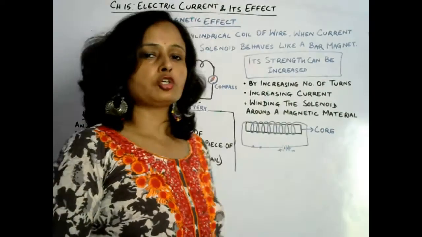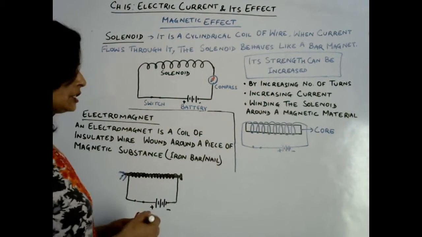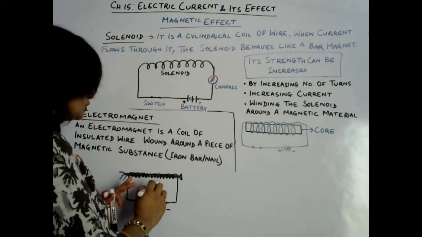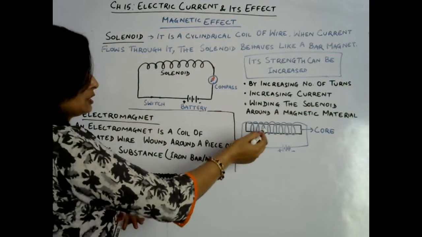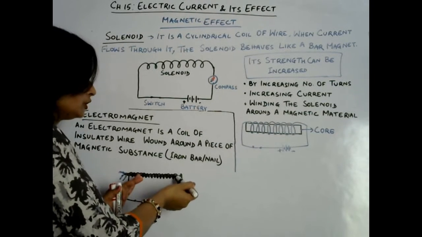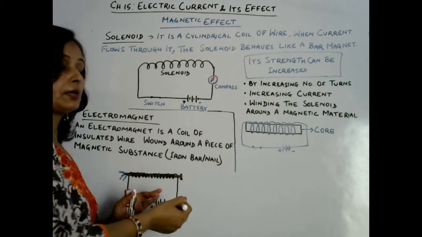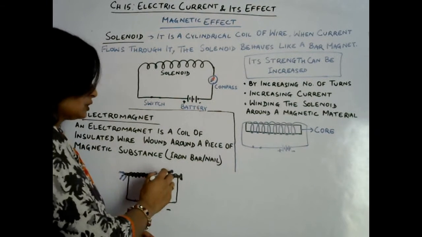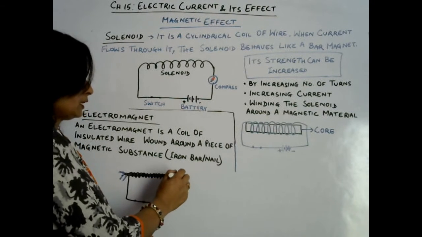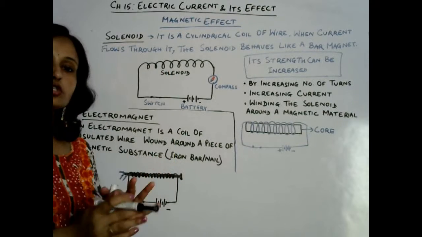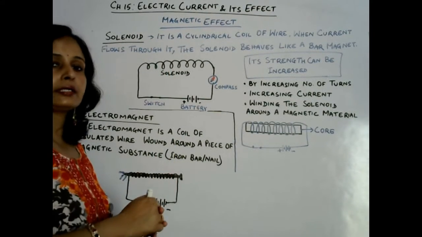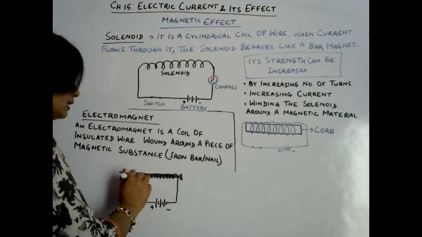That is an electromagnet. This is the only difference between a solenoid and an electromagnet. This can also be a solenoid, but without magnetic material it can't be an electromagnet. Without magnetic material it is only a solenoid, but if we put some magnetic material, then it is an electromagnet.